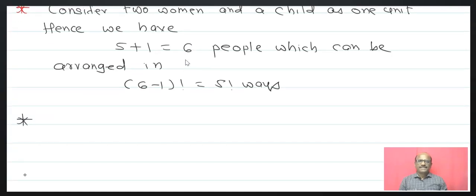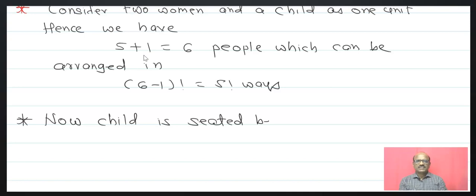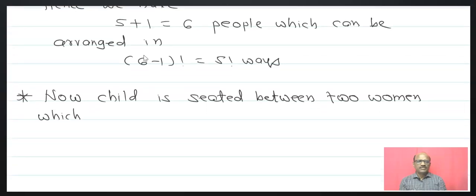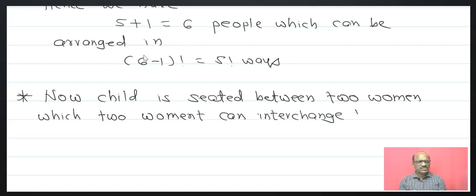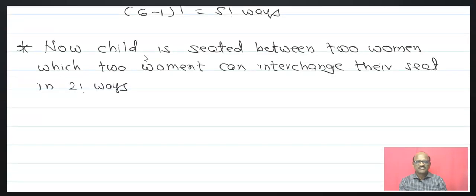Second, now the child is seated between 2 women. Two women can be interchanged because only 2 women are there, one on the left and one on the right, and sit in 2 factorial ways.